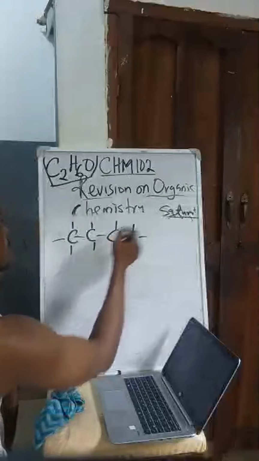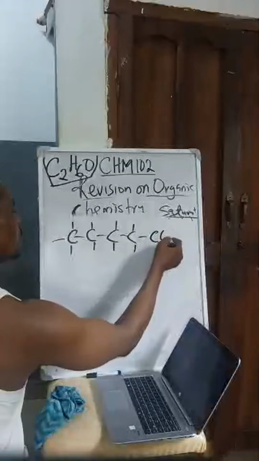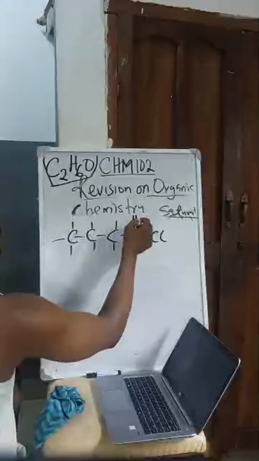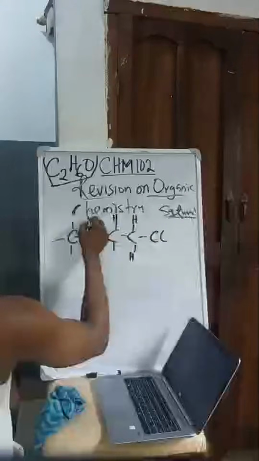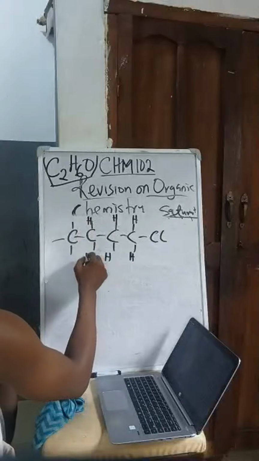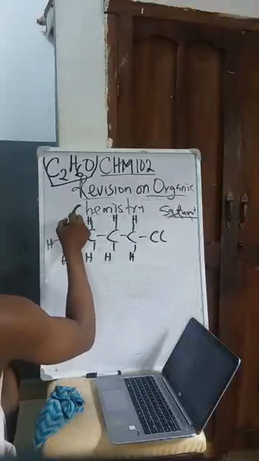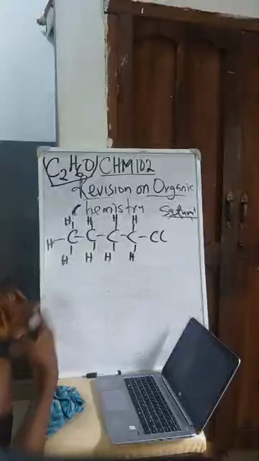Do you know that if this is Cl, chlorine, and every other one is hydrogen, I want to give you another example of isomerism.